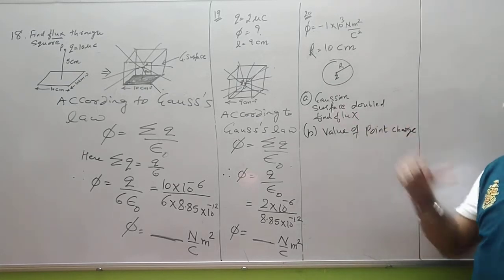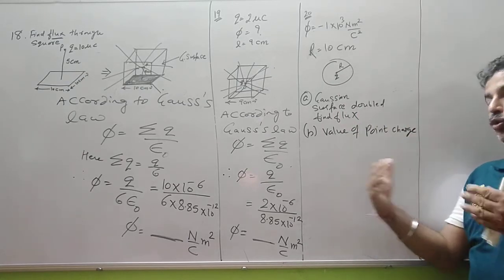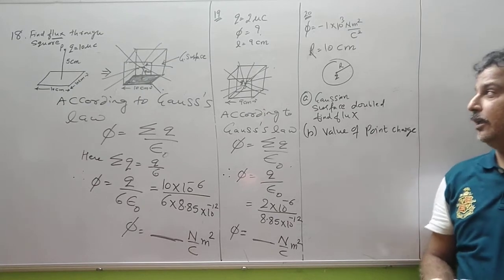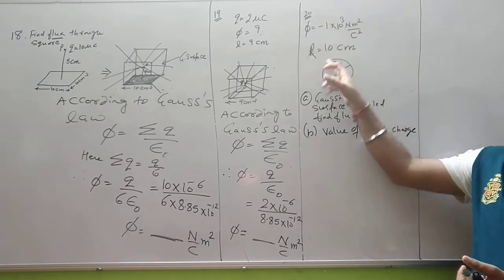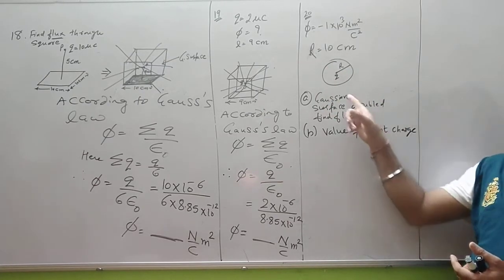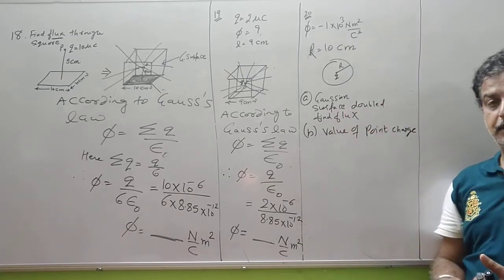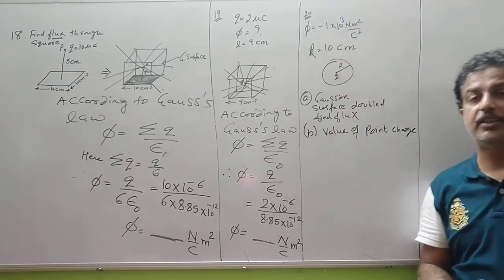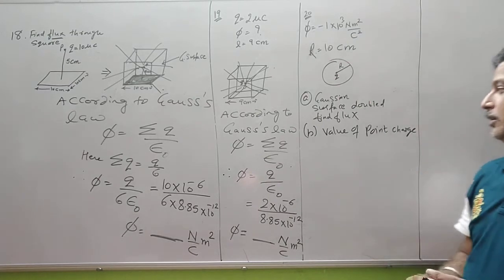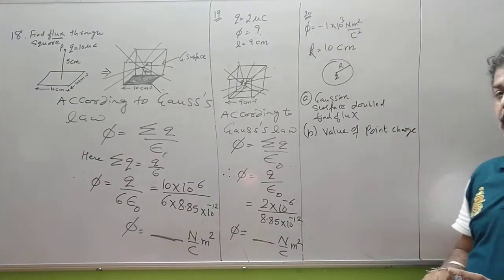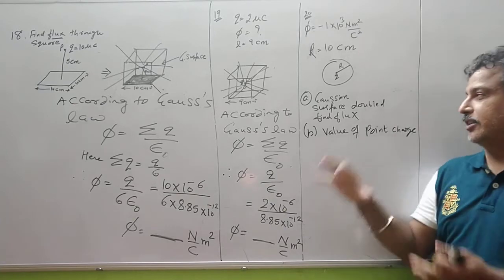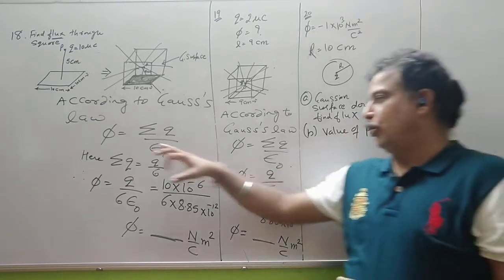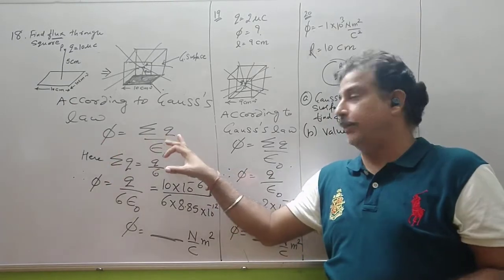The first part is, what will be the total flux linked with this sphere if the Gaussian surface is doubled? The Gaussian surface radius is 10 centimeter, and if this radius is doubled, we have to find out the flux. We have studied that Gauss law does not depend on the shape and the size.